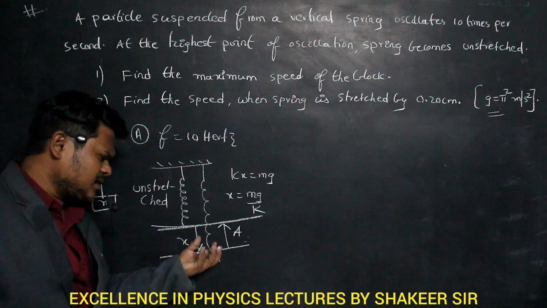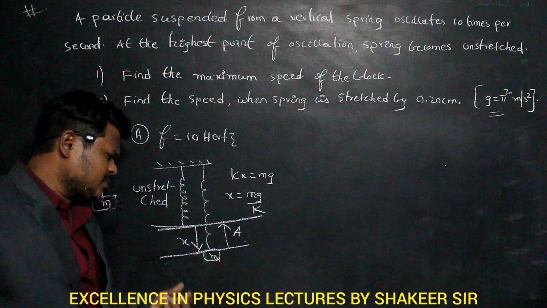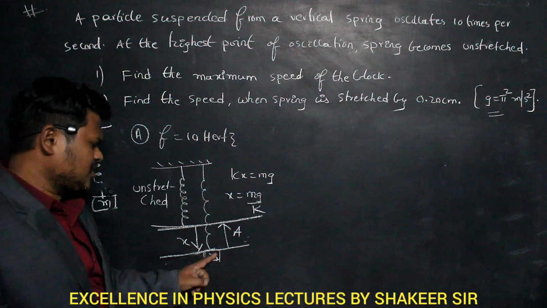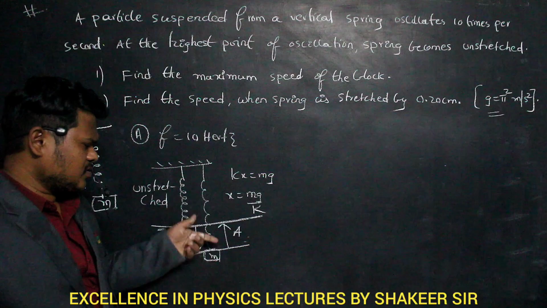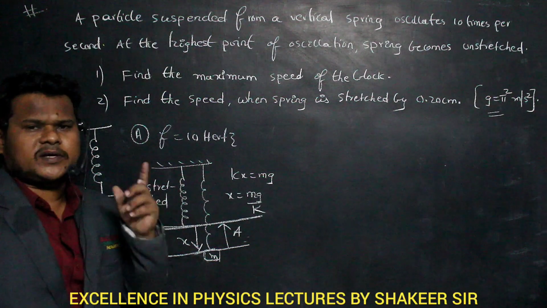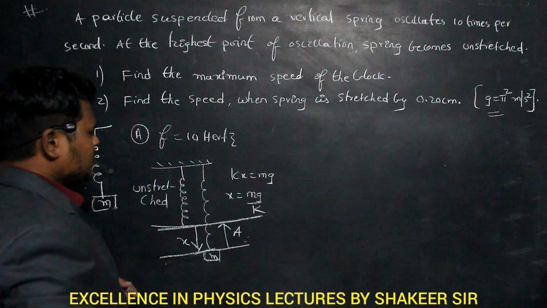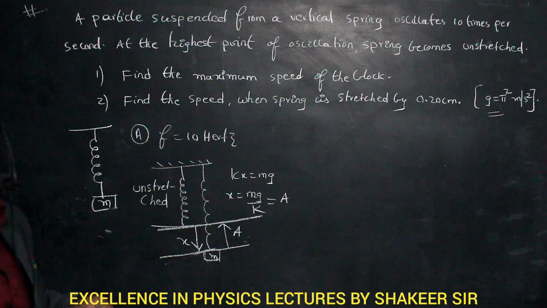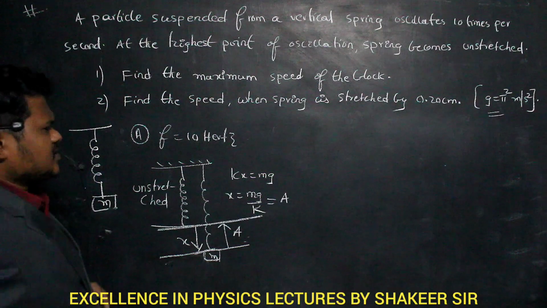It means from here I am pulling this spring downwards by a distance of x and releasing it, so from the mean position it will also move upwards by the same distance x. Therefore mg by k I can write as A also. Now let us see the first question.